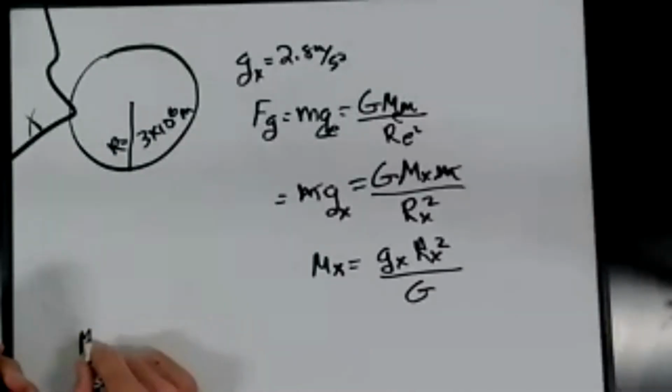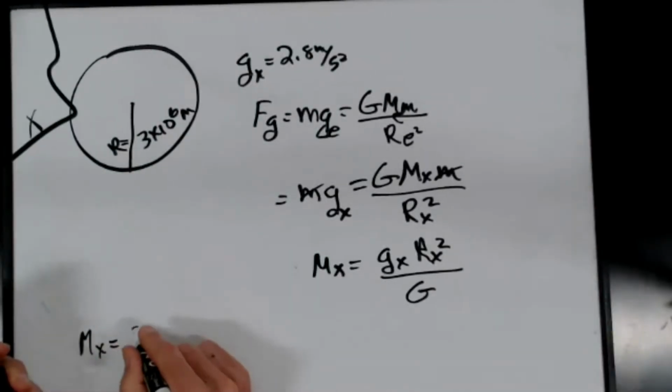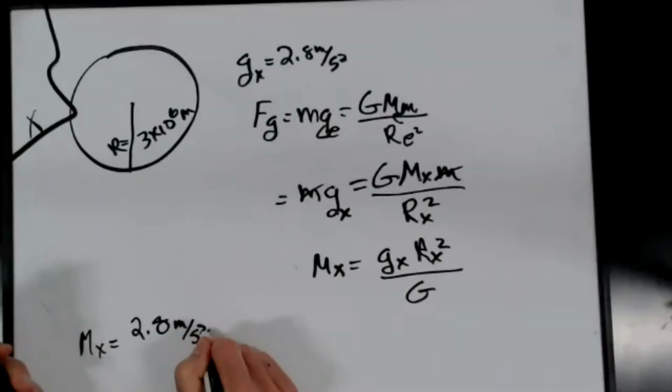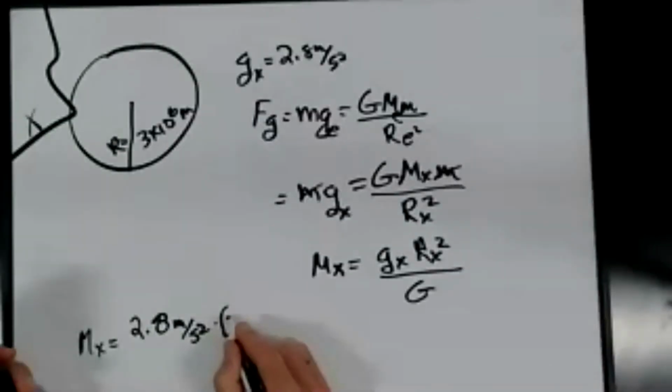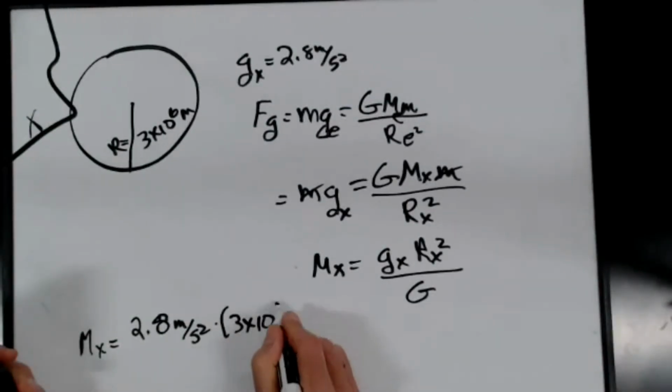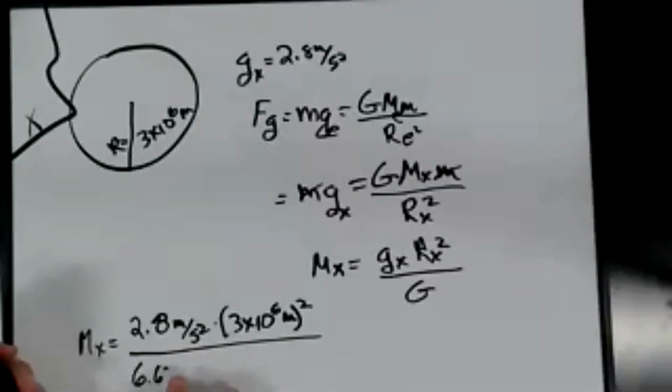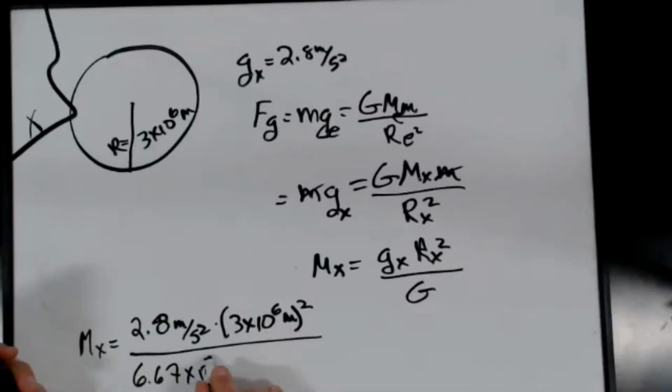So I get mx is equal to 2.8 meters per second squared times 3 times 10 to the 6th meters squared divided by 6.67 times 10 to the negative 11th Newton meter squared per kilogram squared.